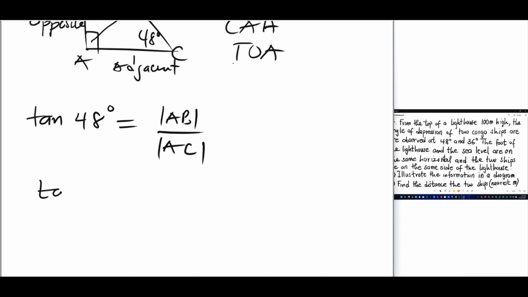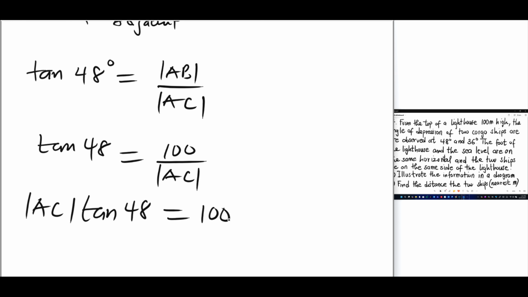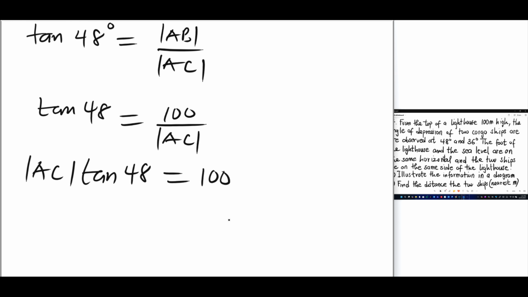So we have tan 48 is equal to 100 divided by AC. All right. So we have AC tan 48 is equal to 100. So what do we do? We divide through by the coefficient of AC. So it's going to be AC equals 100 over tan 48. All right.